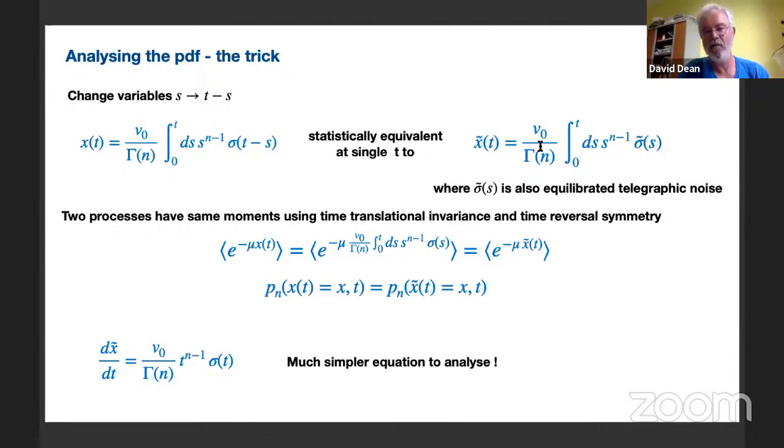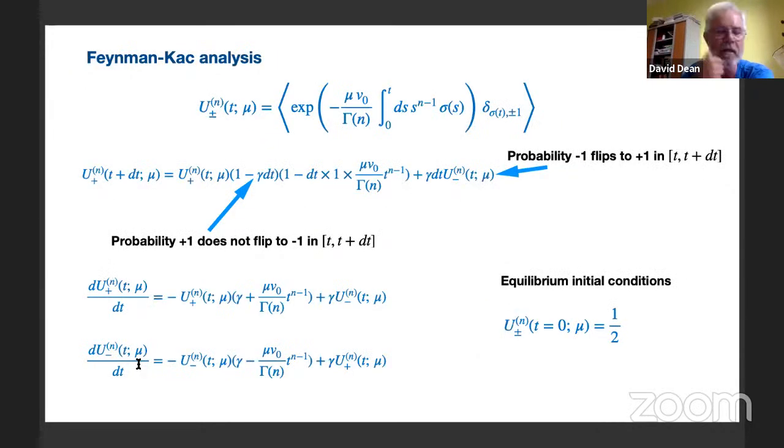So while you couldn't take the derivative of this process here, you can take the derivative of this process here, and you find a really simple process. So this equivalent process, which is statistically identical in law at the single time, obeys this equation here. This is why you can actually analyze this problem.